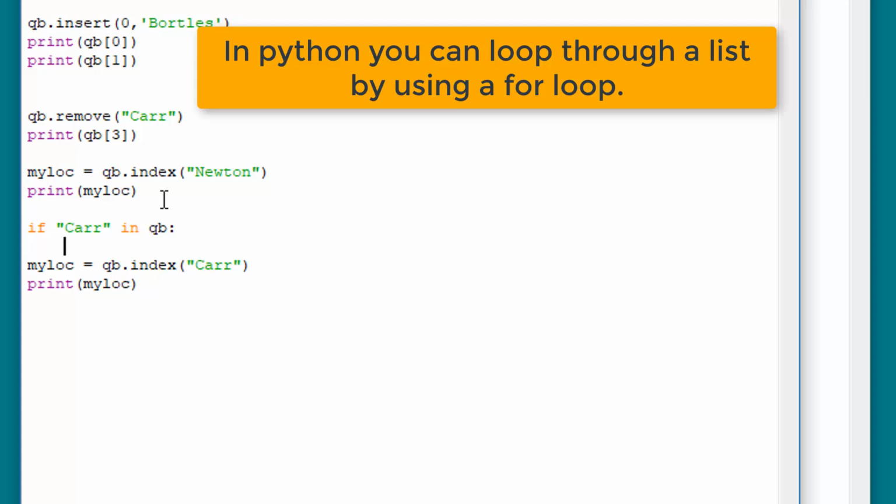It would look in this list for us, which is really helpful in many ways. So if that does that, we're gonna do that and then print it. So what we're saying now is if car does exist, we want to find the location index, or the index of car, and we want to print it.